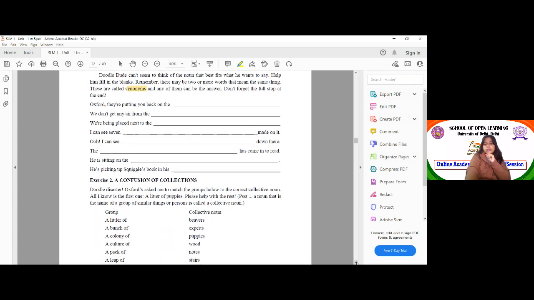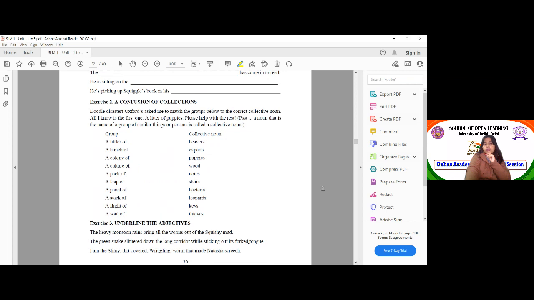Now what they have asked you to do is Doodle disaster. Oxford asked me to match the groups below with a correct collective noun. Now what is a collective noun? Again, you have done this in school. When you describe a group of things, like a pile of books, which is a collection of books, a flock of birds, which means a group of birds.